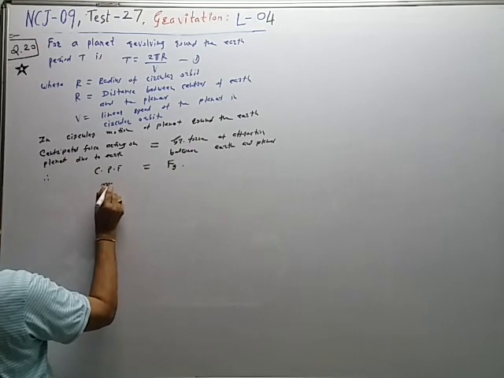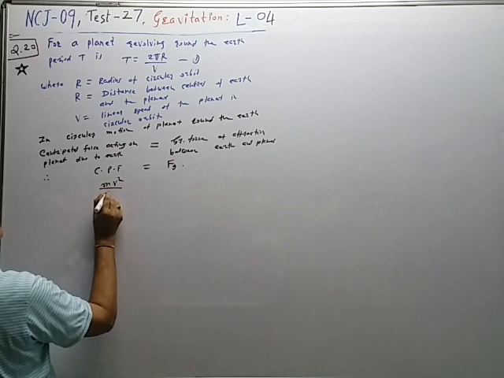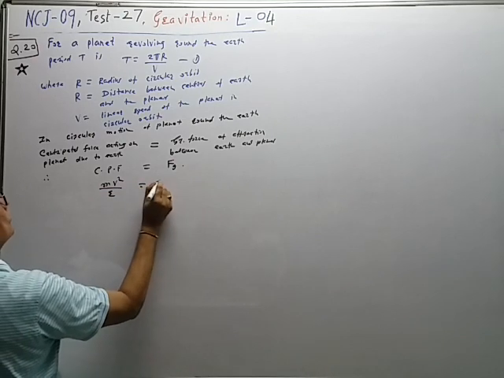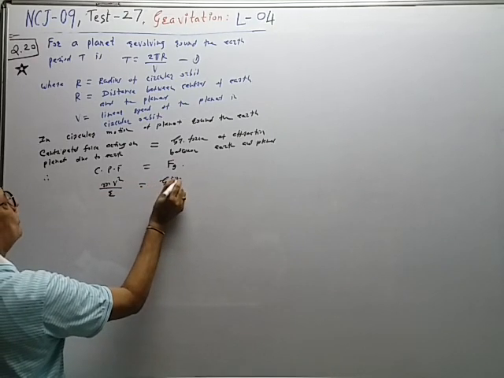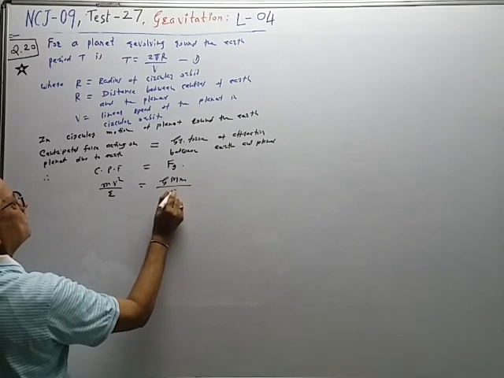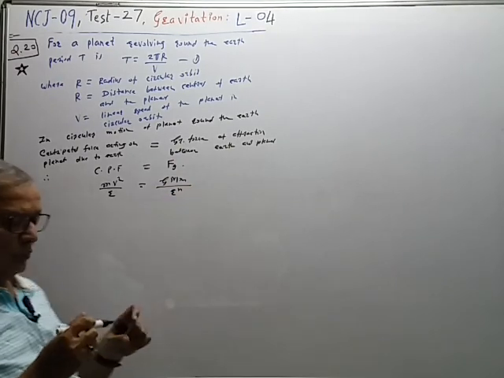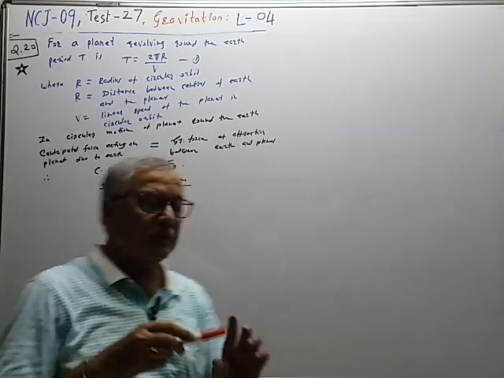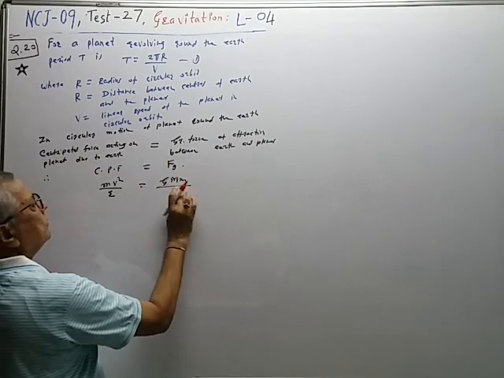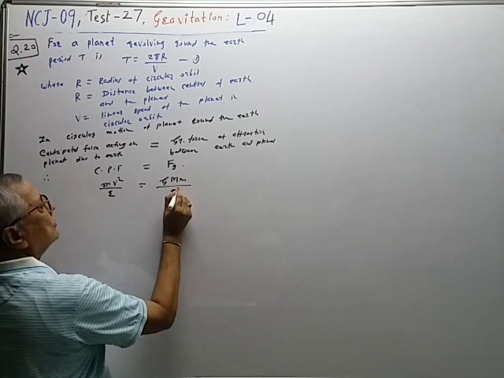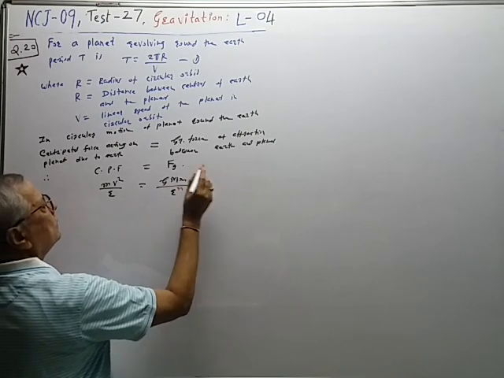So this is equal to mv square upon r is equal to GMm upon r raised to n. So this factor is important. Normally we take r square, here we have to take n square.